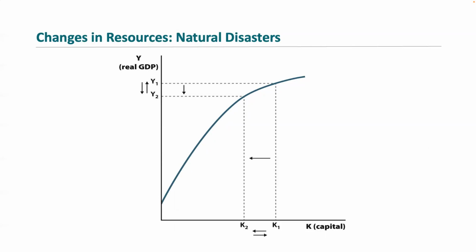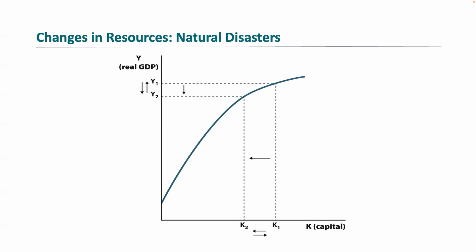Something else that we want to consider is changes in resources due to natural resources or natural disasters. So we talked about the aggregate production function, or total production for an entire country, on the previous slide, and we're here using the aggregate production function to illustrate how a major destruction of capital would affect the macroeconomy in the short run.